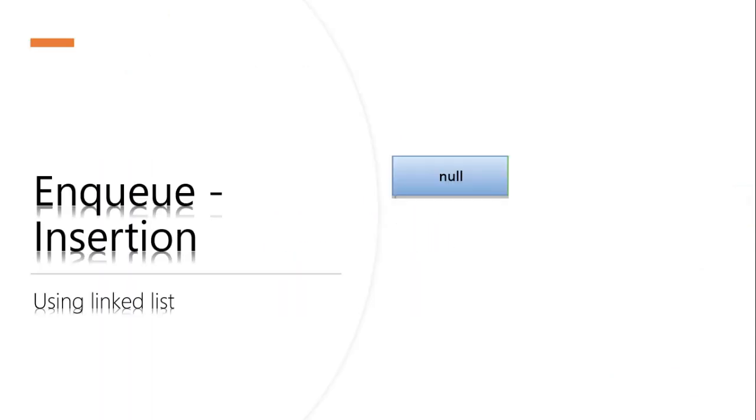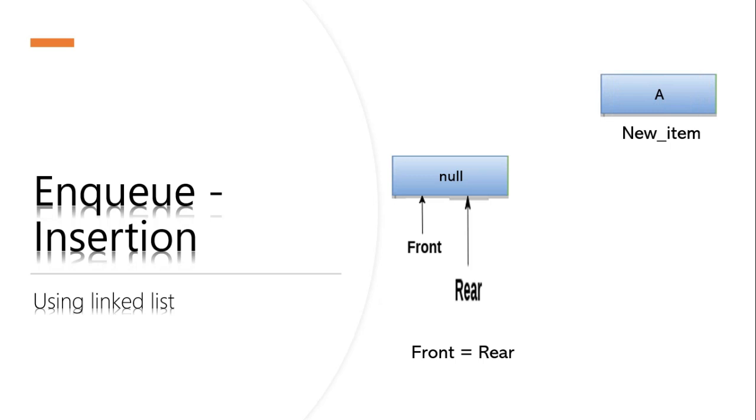Let's see the enqueue operation in a queue. Before you insert an element, initially the queue is empty. Therefore, the front pointer and the rear pointer will point to null. It means front equals rear. If you wish to insert a new item like this, then rear will point to the new item.